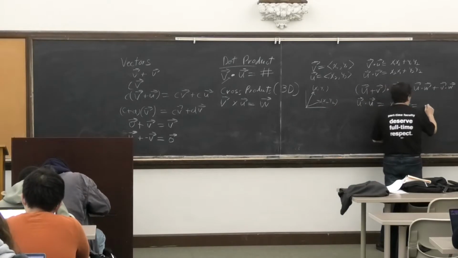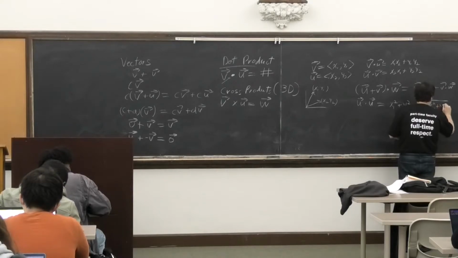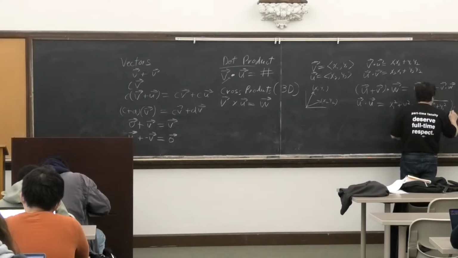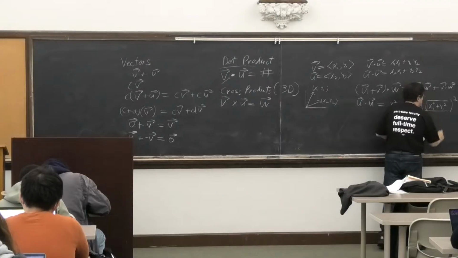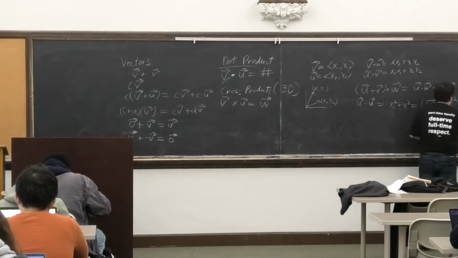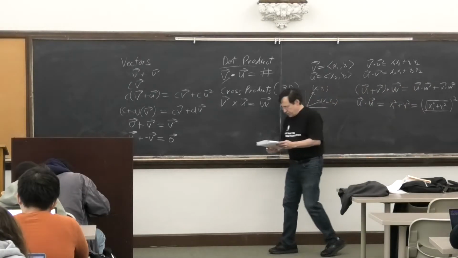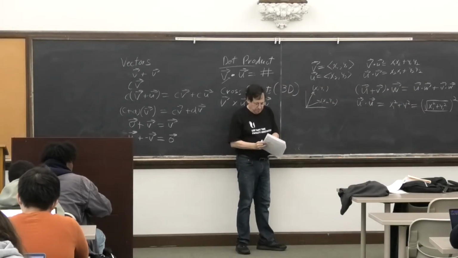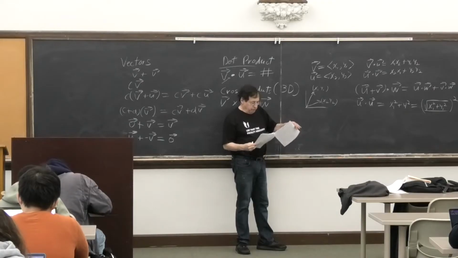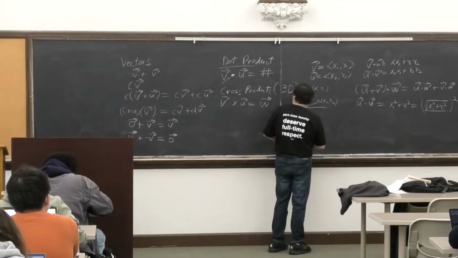Which, if we write it this way, the square root of x1 squared plus y1 squared, well, this is what we call the norm of the vector. So this just becomes the norm squared. And that's true for all vectors. Okay, so this is one definition.